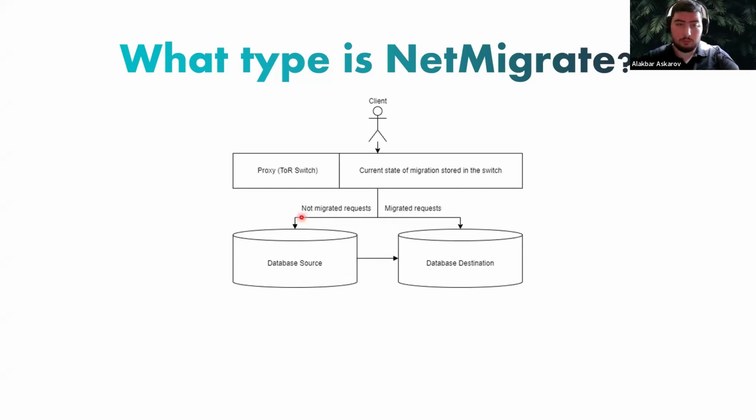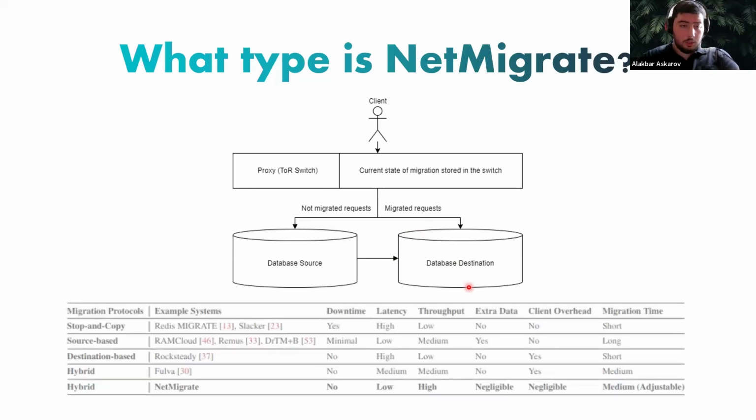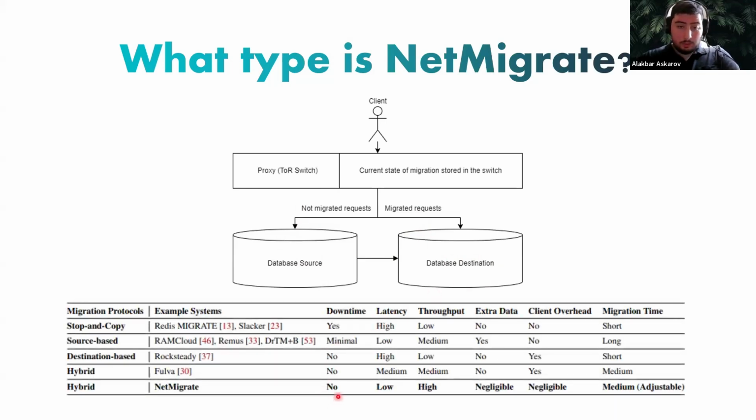All non-migrated requests will go to the source, and migrated ones will go to the destination. As they claim, there is no downtime, always high throughput, at the cost of negligible extra data and client overhead. And the migration time can be adjusted depending on what you need and the purpose of your application.